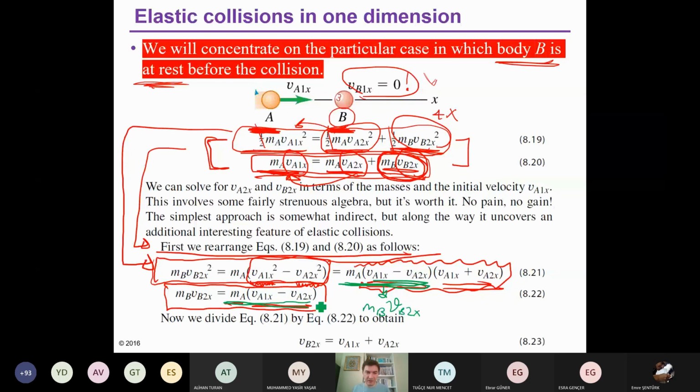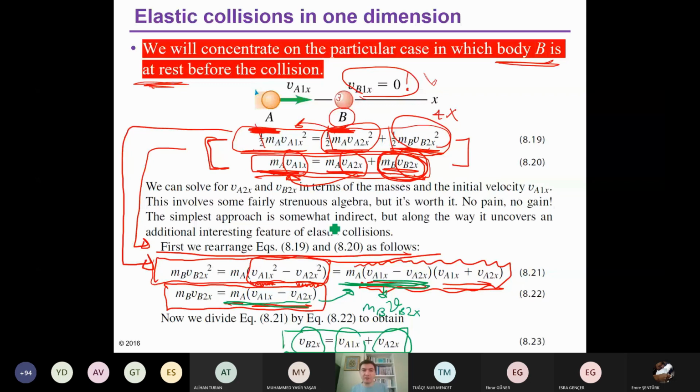Okay, just take this expression, put it there, and then you can get a solution for the final velocity of the B ball. So this is the final velocity of the B ball. It depends on the initial velocity of the A ball plus the final velocity of the A ball. Okay. So now I have an expression for the final velocity of the B ball.